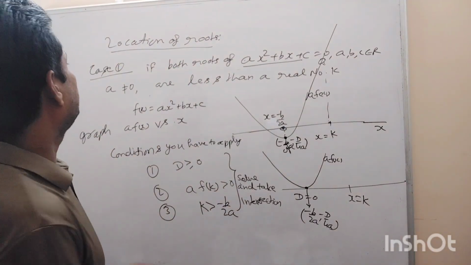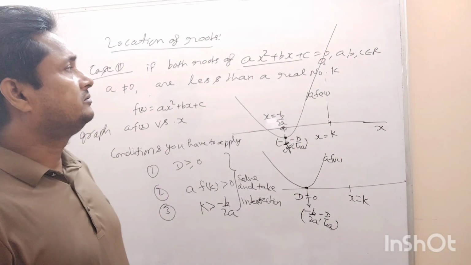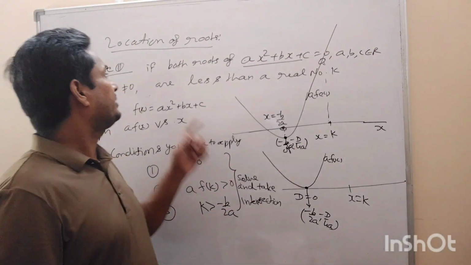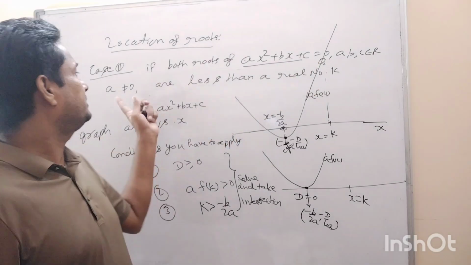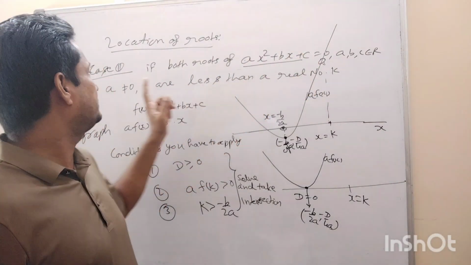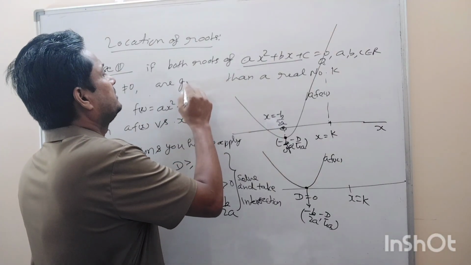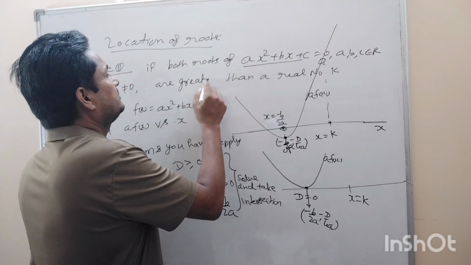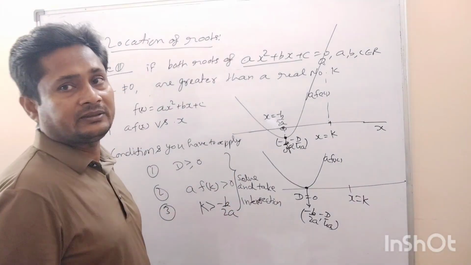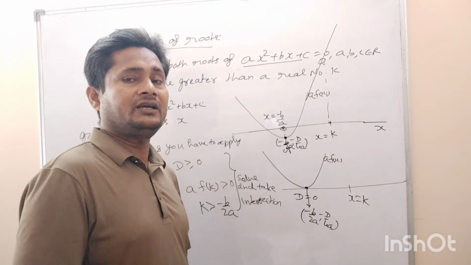Now, what is the second case? Case second. If both roots of ax square plus bx plus c is equal to 0 are greater than a real number k, if it is saying this, then what conditions do we have to apply?